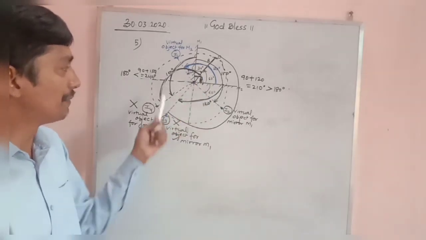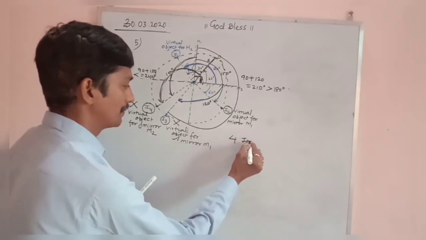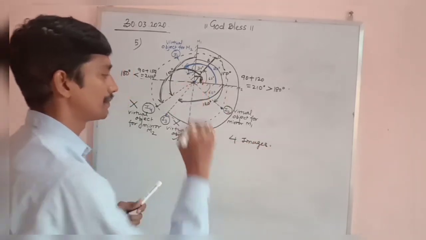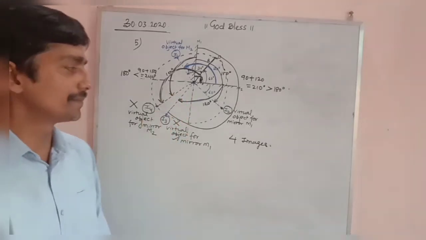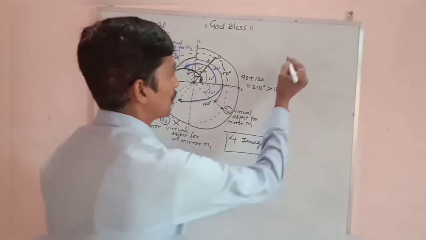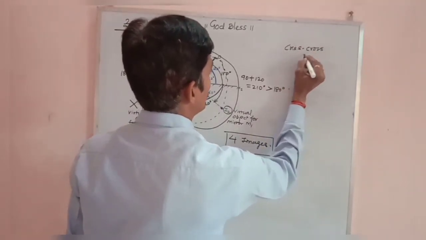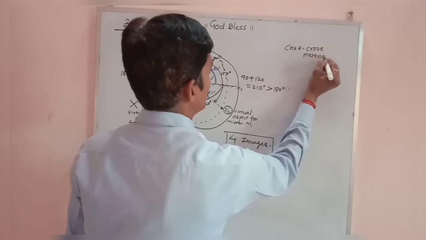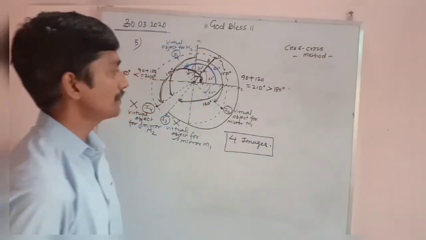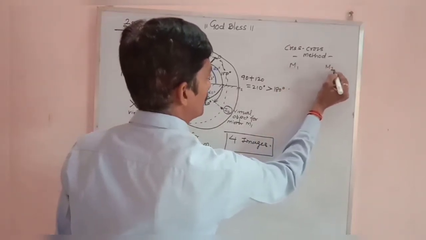So my dear, with this I am getting only 4 images for this question. Only 4 images. Let us do the same with the crisscross method. Mirror M1, mirror M2.